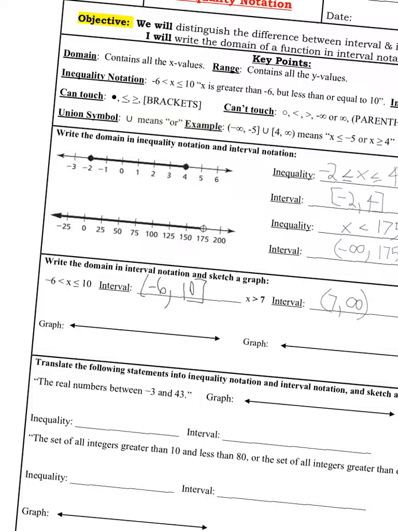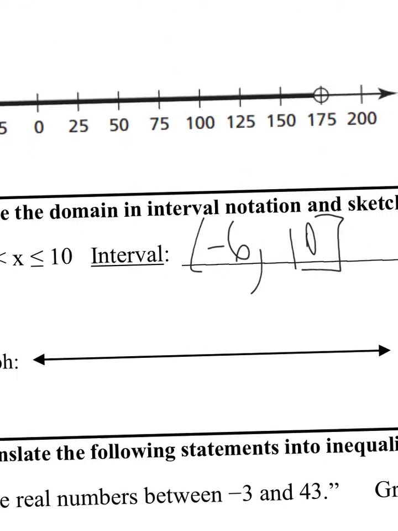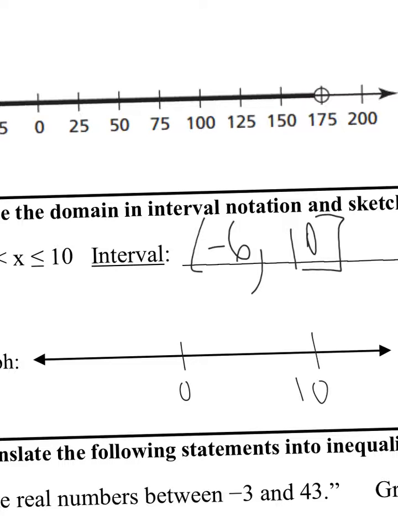Okay, and then see how it says sketch a graph? Well, we just have one dimension here, so it's a number line graph. So, throw 0 somewhere in the middle. This is really all I do. You can take the time and put out a bunch of tick marks.